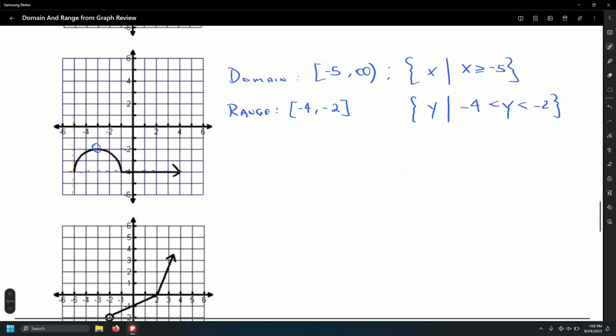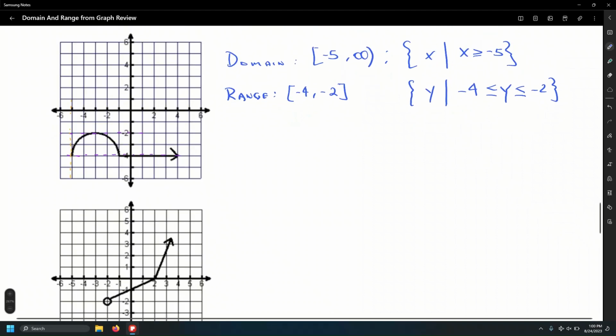Do we all agree with this result? What's wrong with it? What do I need to change in those inequality symbols? The equal, right? Because again, we have solid points, not open circles.